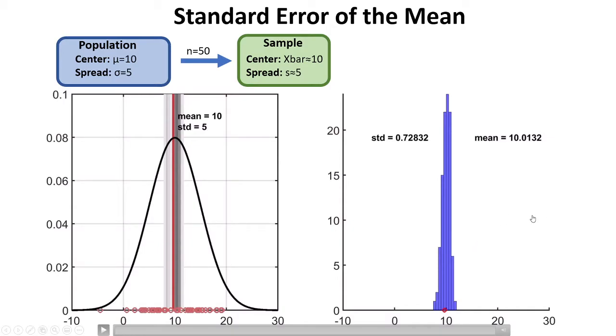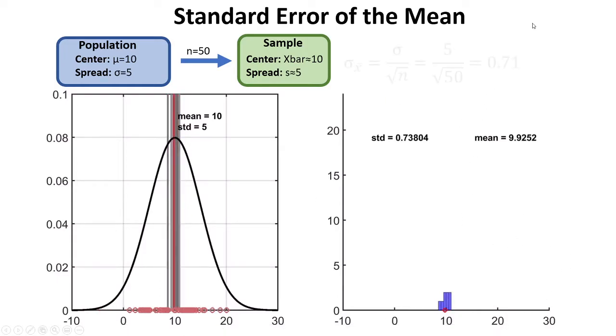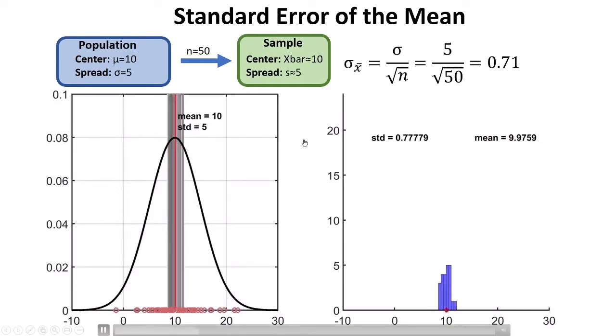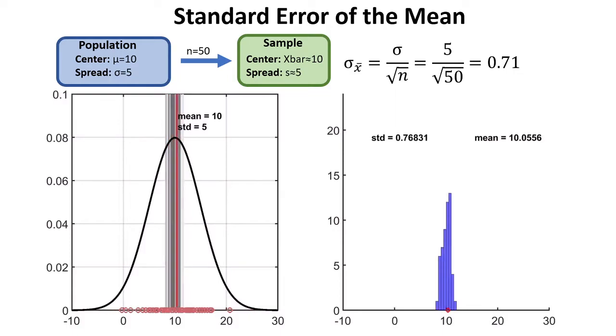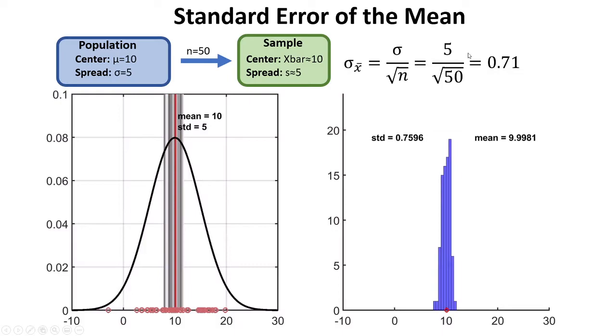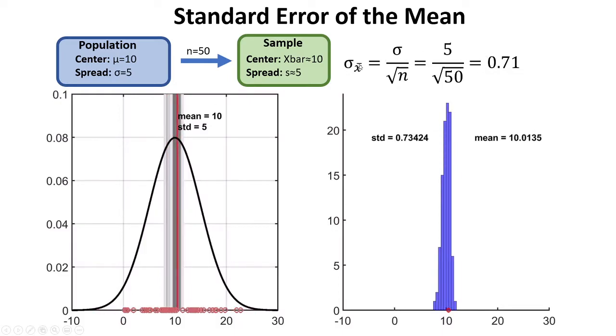And so if we want to describe the spread of the sampling distribution, we have this formula where we have the population standard deviation divided by the square root of n, right?